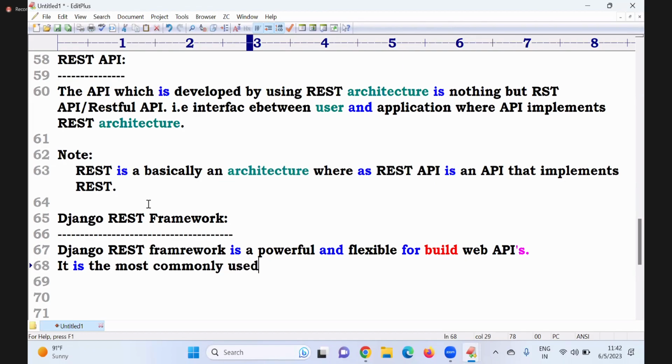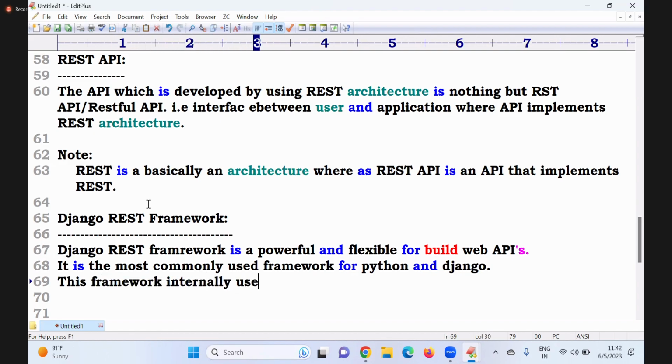Most commonly used framework for Python and Django. Internally it uses all the Django facilities.